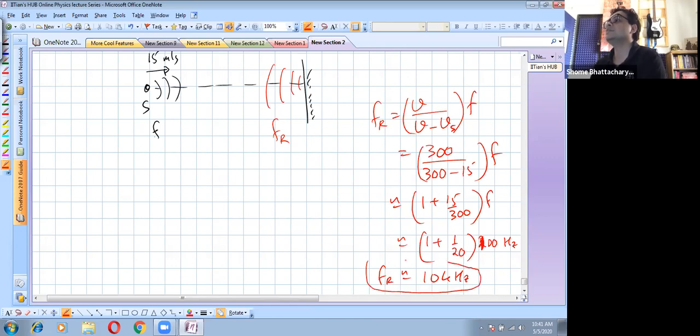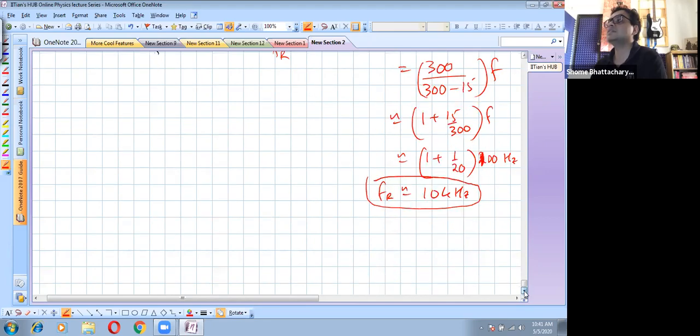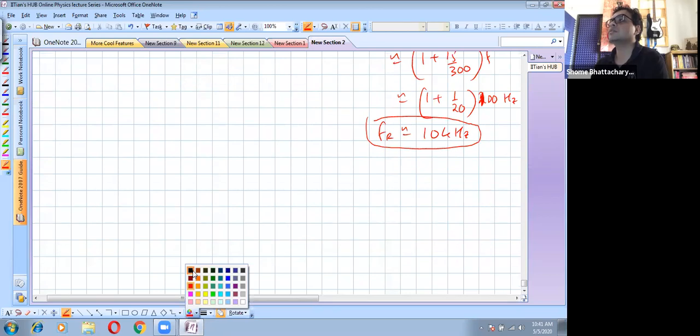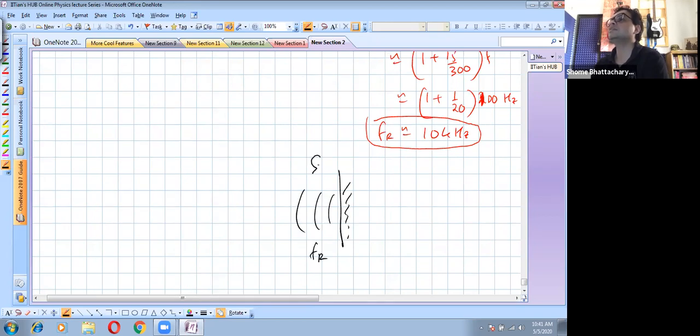Now this is still not F prime, the sound that the detector inside the car is receiving. So now what is happening? The wall is reflecting back sound at this frequency. So this now becomes like the source of the echo, not of the main sound, but of the echo. And the person inside the car is the detector moving towards it at a speed of 15 meters per second.